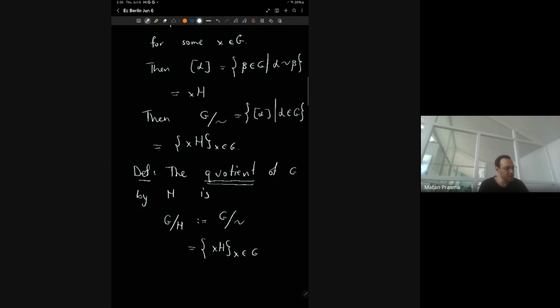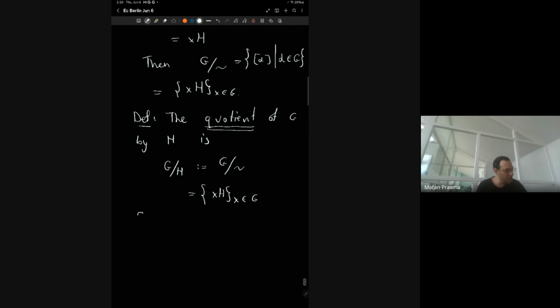Of course, the next thing would be to define a group structure on the quotient set. But just to wrap up with examples. An example: let's say G is the integers, and H is the multiples of a particular natural number n.